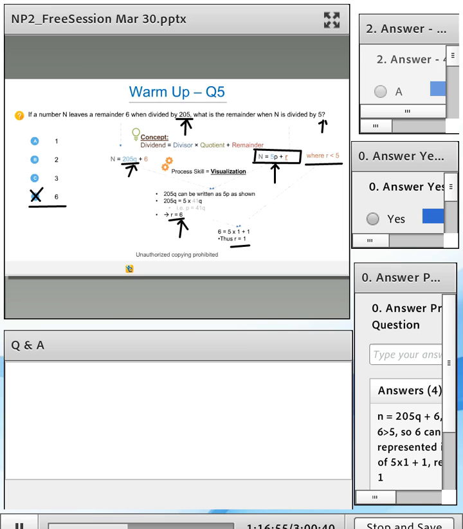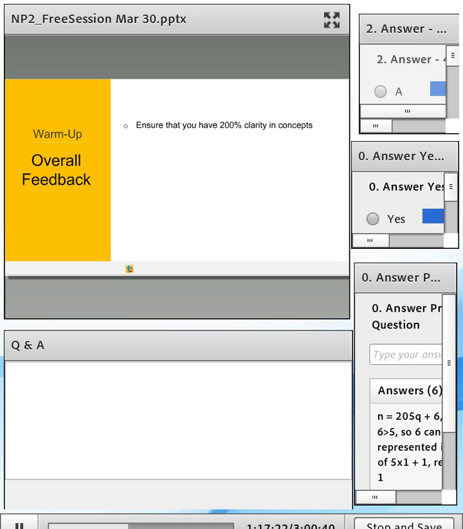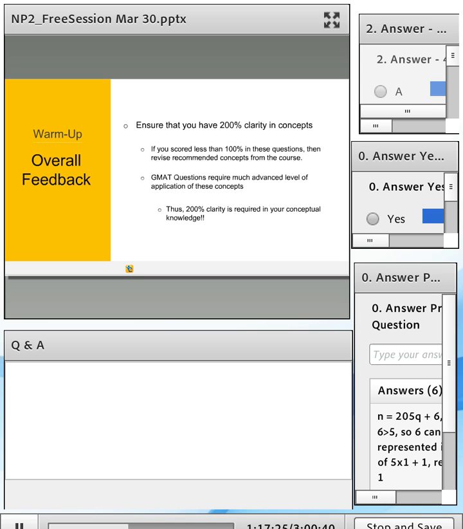Good. All right. So with this, we've come to the end of this section. Now, I want to summarize our learnings from this section here. What I'm going to do is I'm going to get you a poll in which I want you to write down what is the feedback that you are taking for yourself from this section.